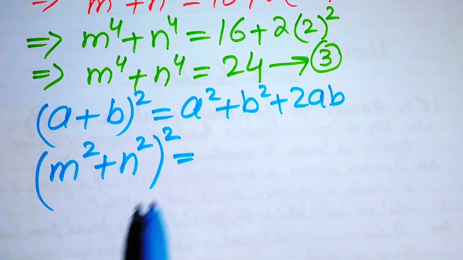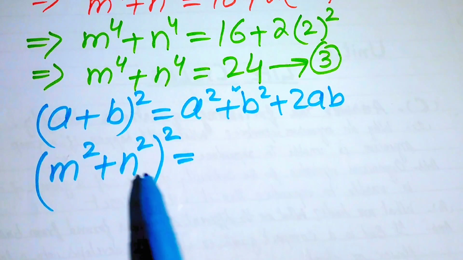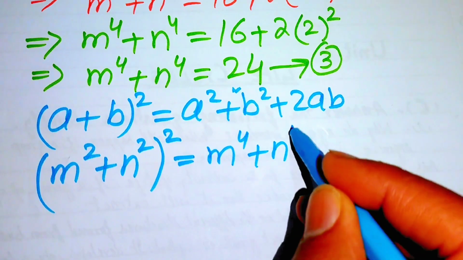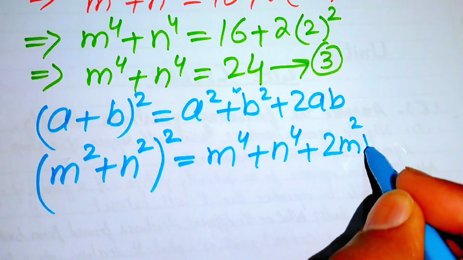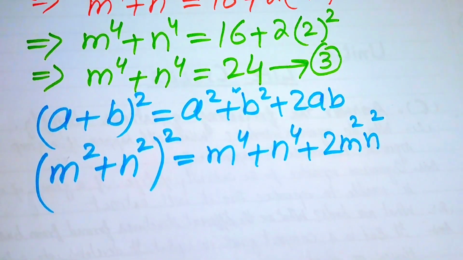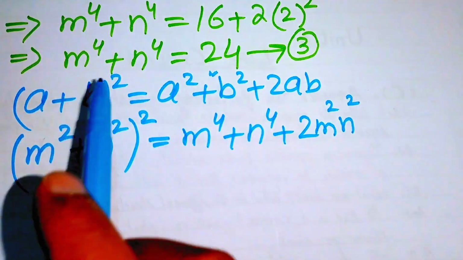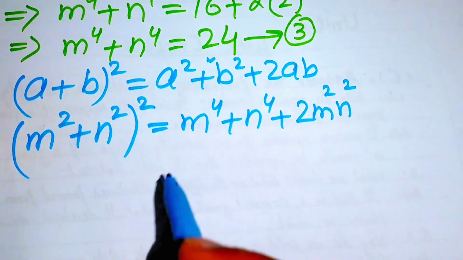So here we take the square of this term, and when we open this formula, then you get the value of this term is m to the power of 4 plus n to the power of 4 plus 2 times m square into n square. So now we put the value of m to the power of 4 and n to the power of 4. So you have the value of m to the power of 4 plus n to the power of 4 is 24.